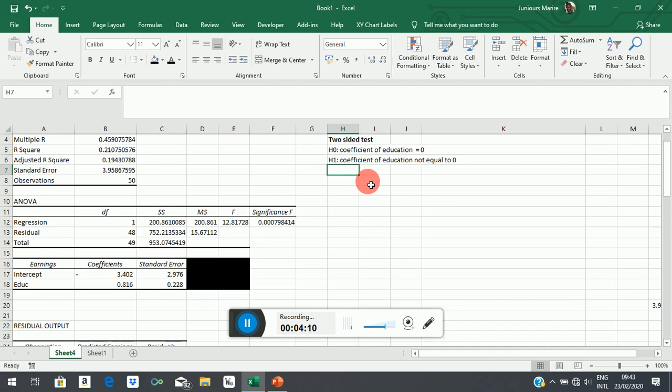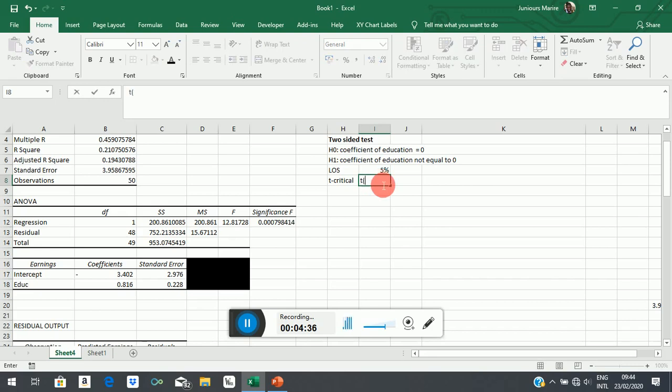Okay, then let's decide the level of significance. In this case, let's say our alpha is 5%. We are working with the 5% level of significance. Then we have to find our critical values, usually called T critical. This T critical is given by t.